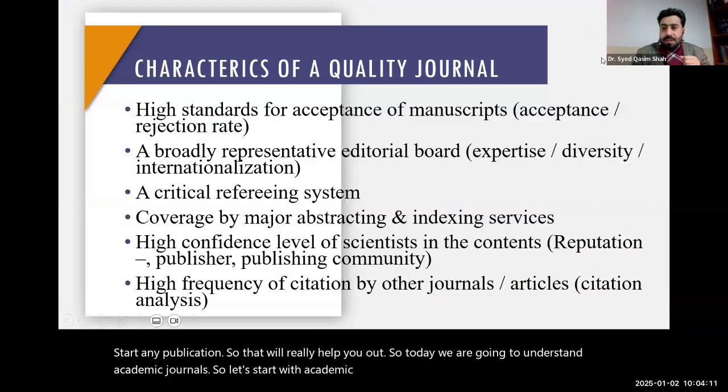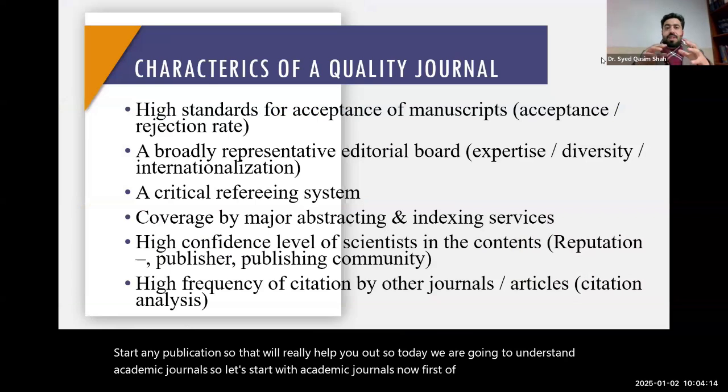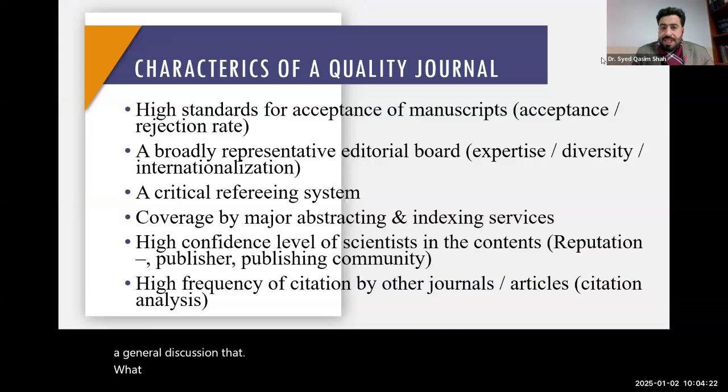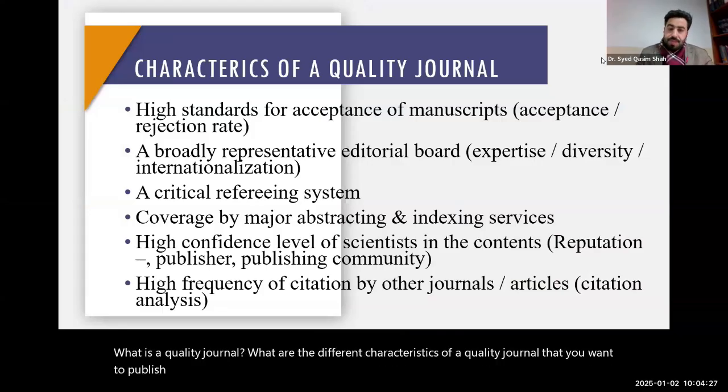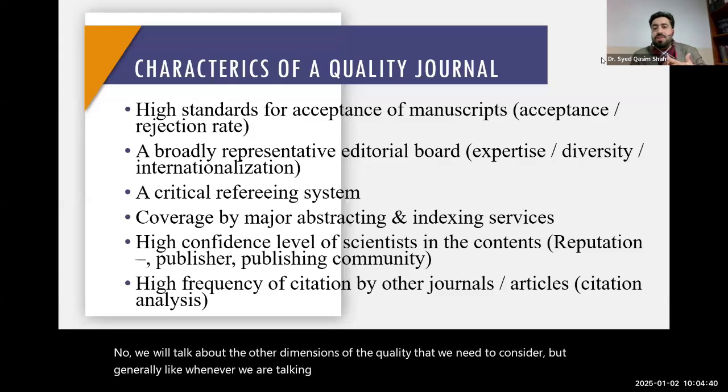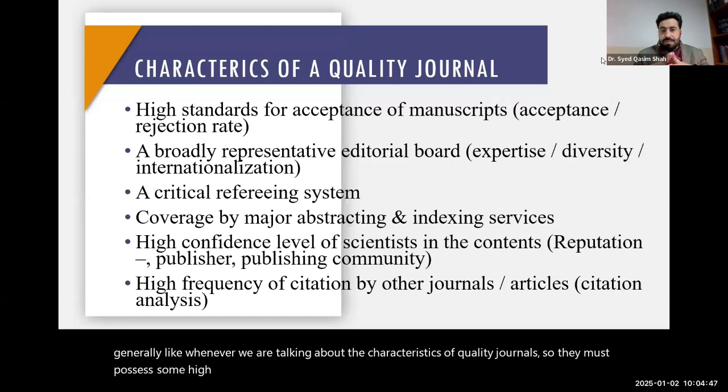First of all, we are going to start with a general discussion: what is a quality journal? What are the different characteristics of a quality journal where you want to publish your research? We will talk about the other dimensions of quality that we need to consider, but generally, whenever we talk about the characteristics of quality journals, they must possess some high standard for acceptance of manuscripts.